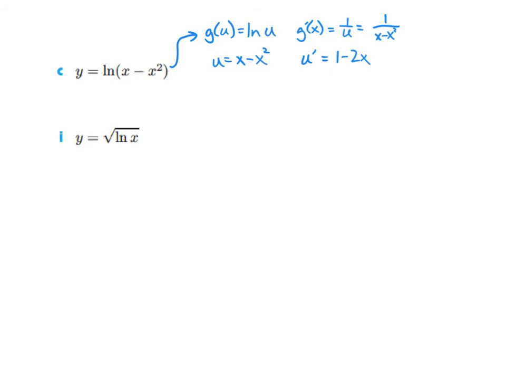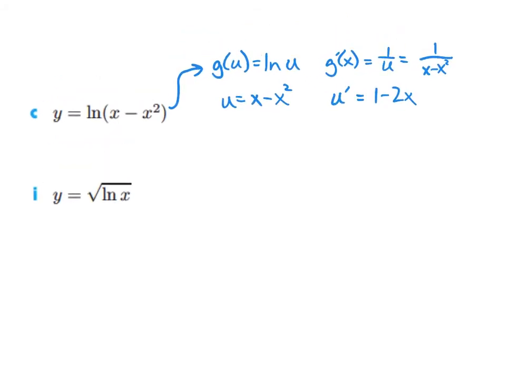Just multiply them. Now, chain rule, dy dx is g prime of u, so 1 over x minus x squared, times u prime, 1 minus 2x. That's it, which we would want to write as just a fraction, 1 minus 2x over x minus x squared.